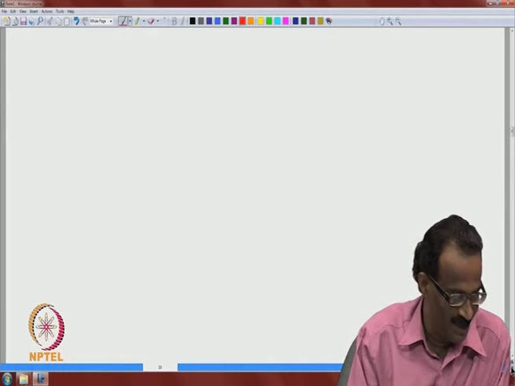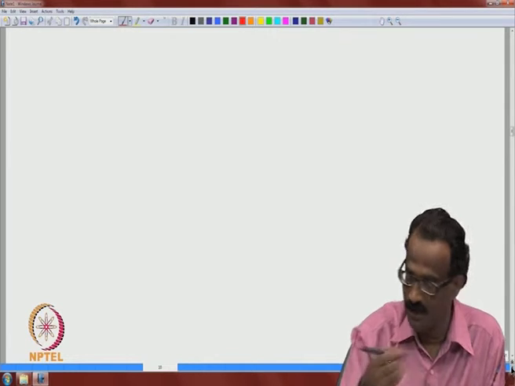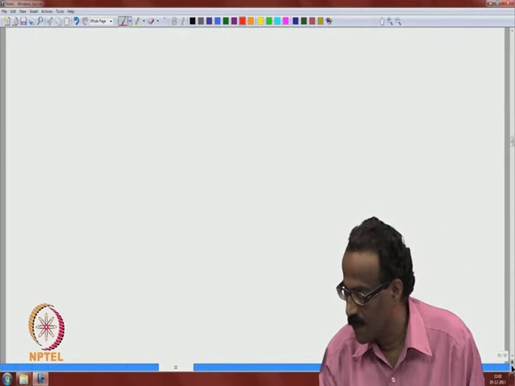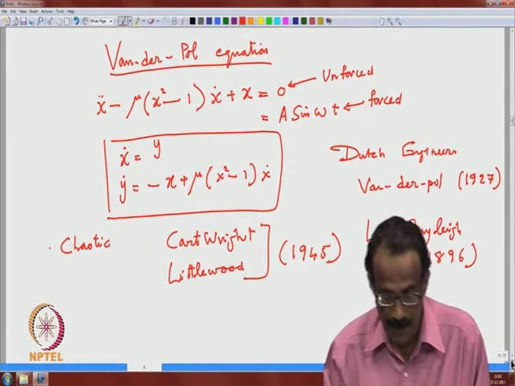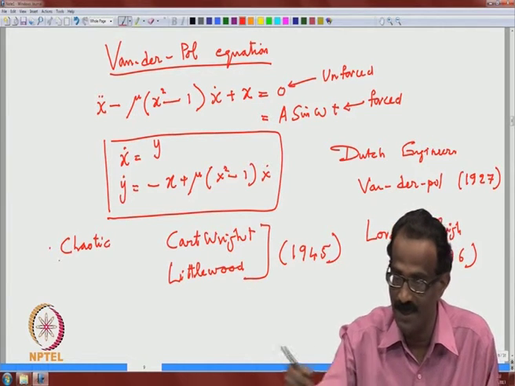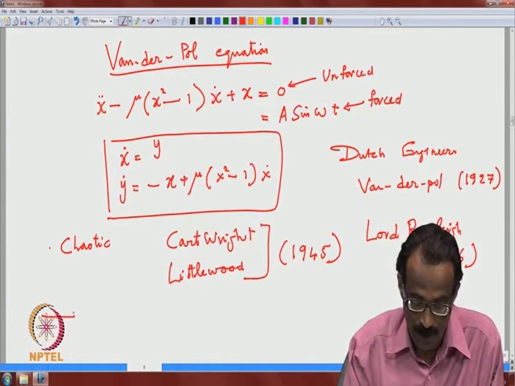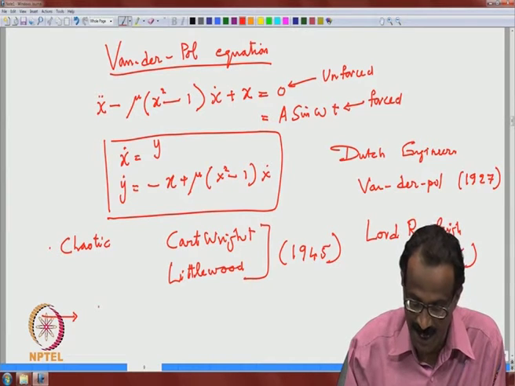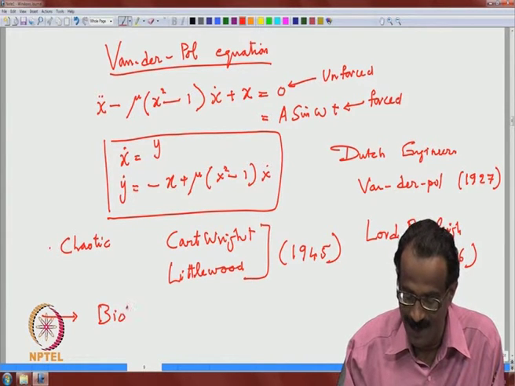Of course, one more thing: these equations have not only application in this kind of thing, they also have applications in biological science.